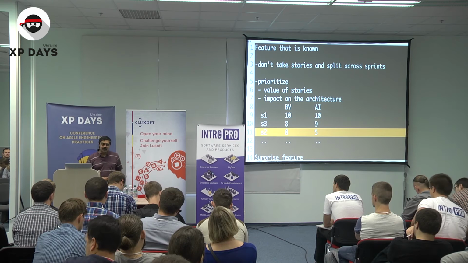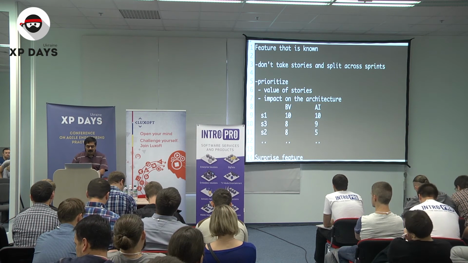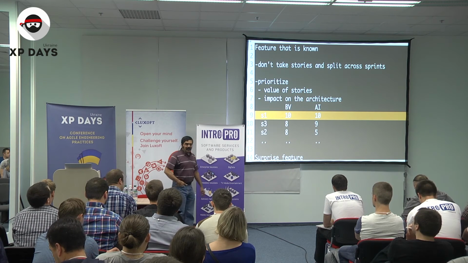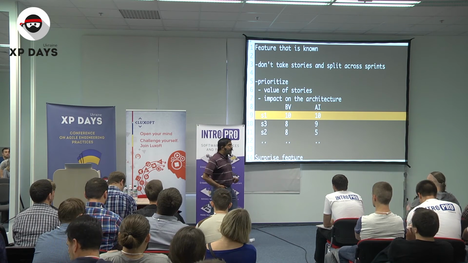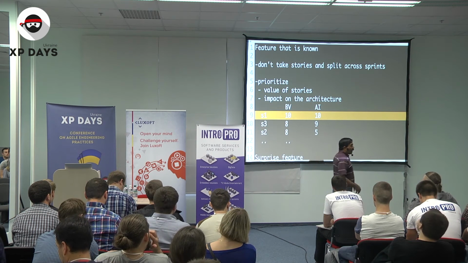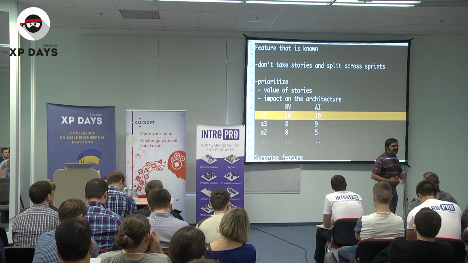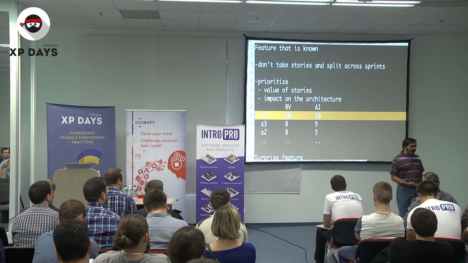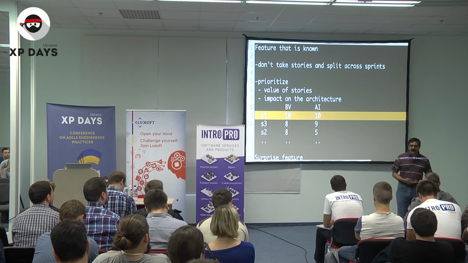The second thing about this, though, is if you do this approach, what's going to happen in the beginning? Your velocity in the beginning is going to take a beating. So you're not going to show a very high velocity in the beginning. And I want to emphasize, I really hate the word velocity, because it's a very wrong way to look at how we develop software.